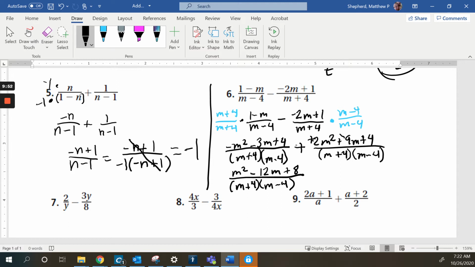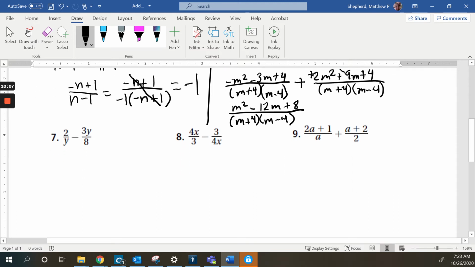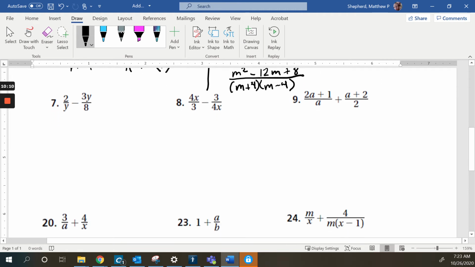And you can check that top to see if it can factor. I'd mostly be looking at what multiplies to give an 8, but could add to give a 12, and I don't really see anything, so that's going to be as simple as we can get it, since I don't see right now exactly how that would factor.